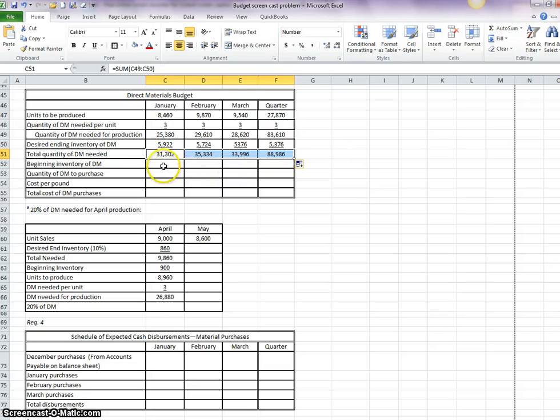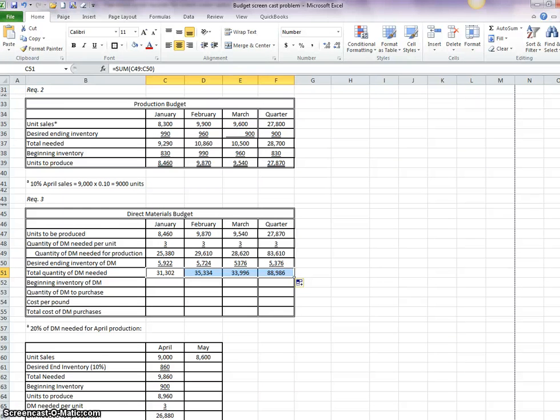Now the beginning inventory of January was December's ending inventory. And at the end of December, they would have had 20% of what we needed in January.